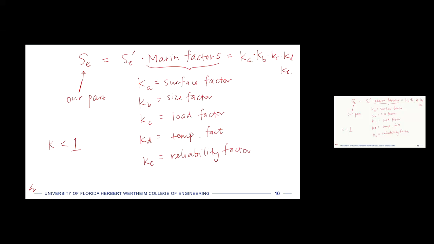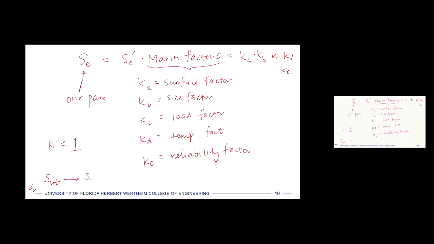So how you would incorporate this is, let's say you have a design part, you know the loading. Well, then you have a material and you want to see if the stress you're applying is going to cause a fatigue failure. So first, you would find your ultimate tensile strength from some kind of materials testing database.